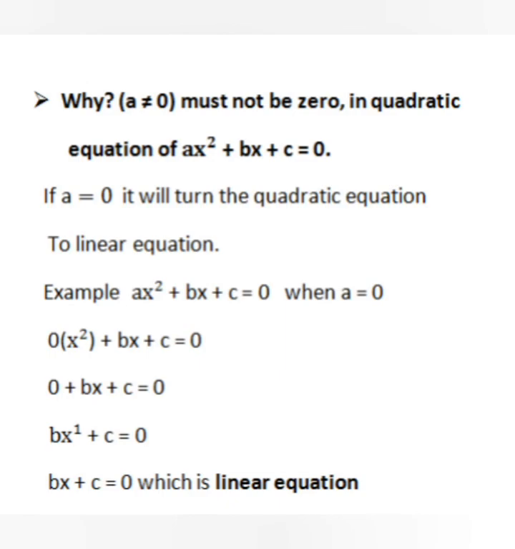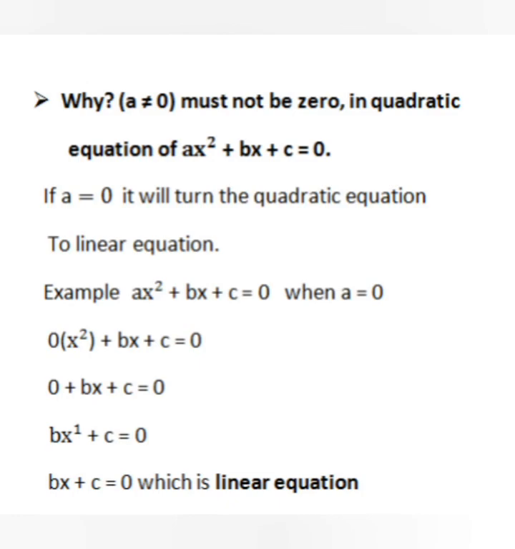If a is equal to 0 in a quadratic equation, it will turn the quadratic equation into a linear equation. Example, when we have ax squared plus bx plus c equals 0 and a is equal to 0, then we have 0 multiplied by x squared plus bx plus c equals 0.